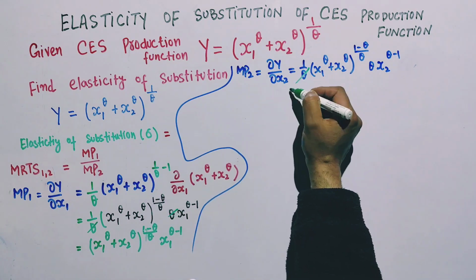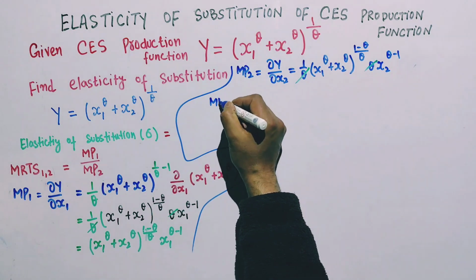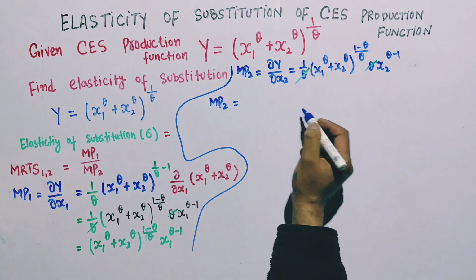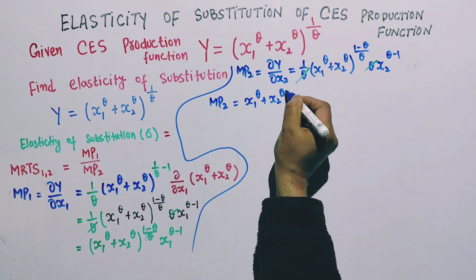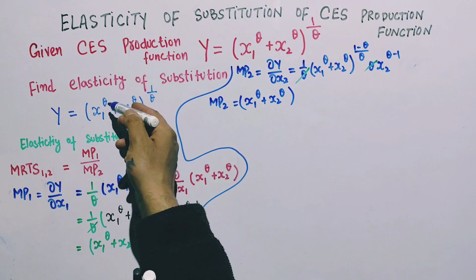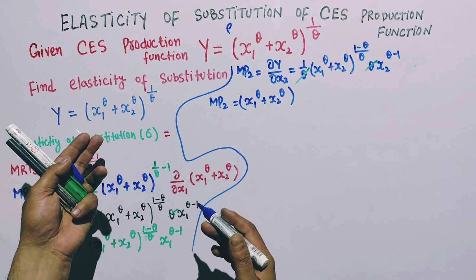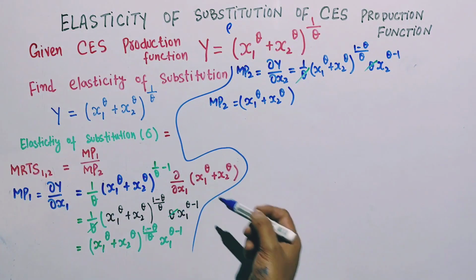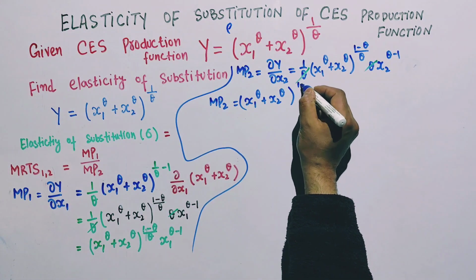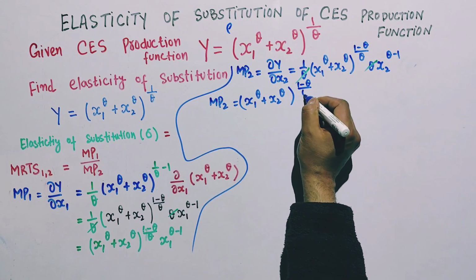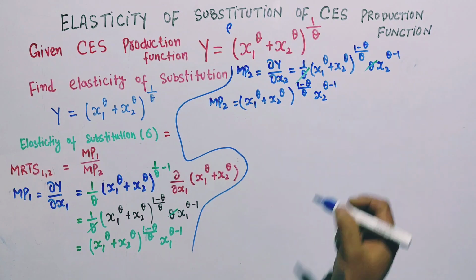So this θ gets cancelled. That means the marginal product of input 2 will be equal to (x1^θ + x2^θ) raised to the power (1 minus θ)/θ, times x2^(θ−1). In fact, it was not θ but the rho symbol; I was not able to write it properly, so I have used θ in place of ρ.